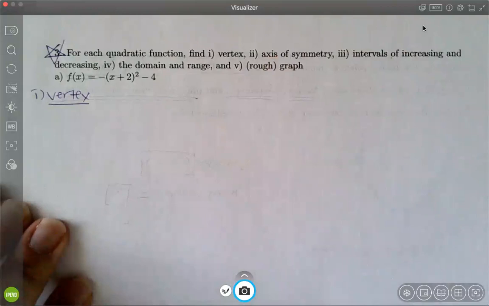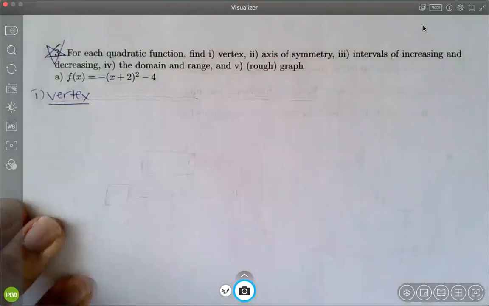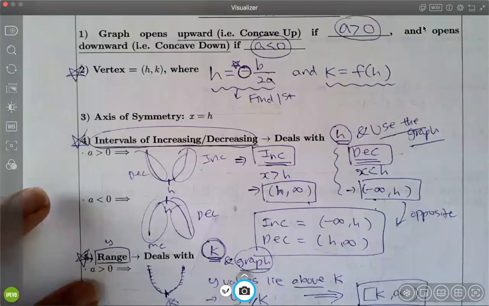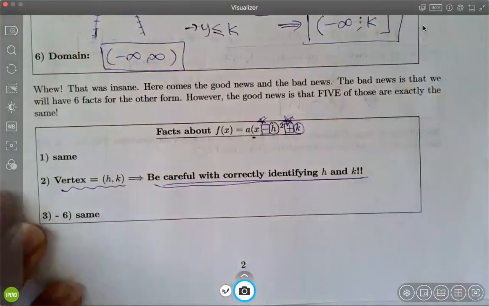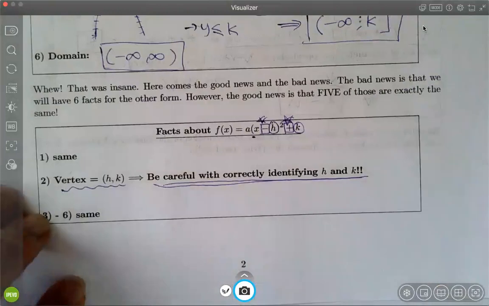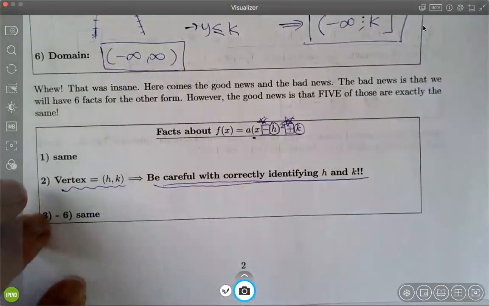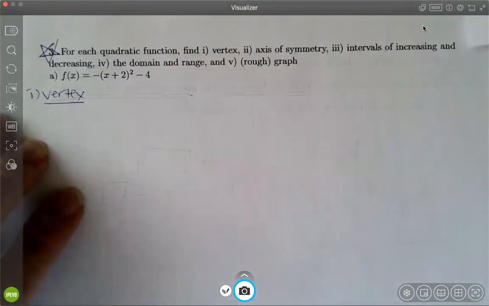2 and -4. Okay, now 2 and -4, that's what many people say, but be careful. It's x minus h squared plus k. So h is not 2, but it's equal to what? -2, right? Yes, be careful.